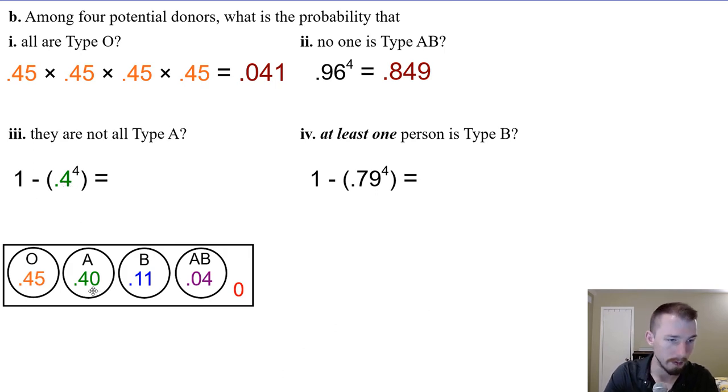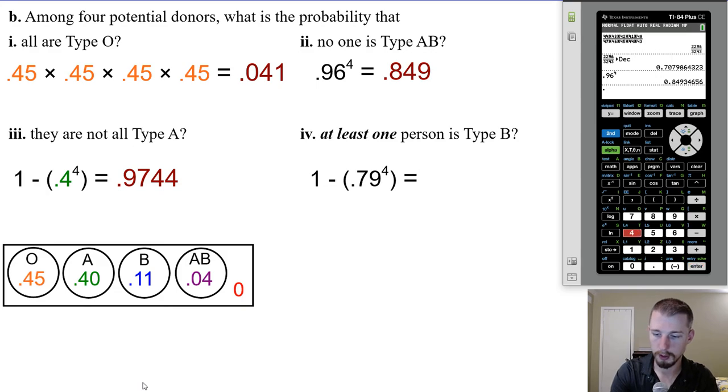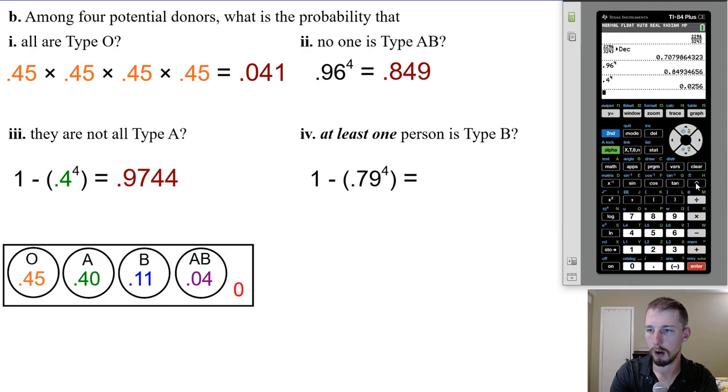So type A was 0.4, and 0.4 to the 4th power would give us the probability that they're all type A blood, and then we subtract that from 1, which will give us that value when we put it in the calculator. And I can go ahead and show that to you if you want. So 0.4 to the 4th power, so that would be caret 4. Okay, cool. And then we're going to subtract that from 1. So 1 minus the previous answer, which is how I got the answer.